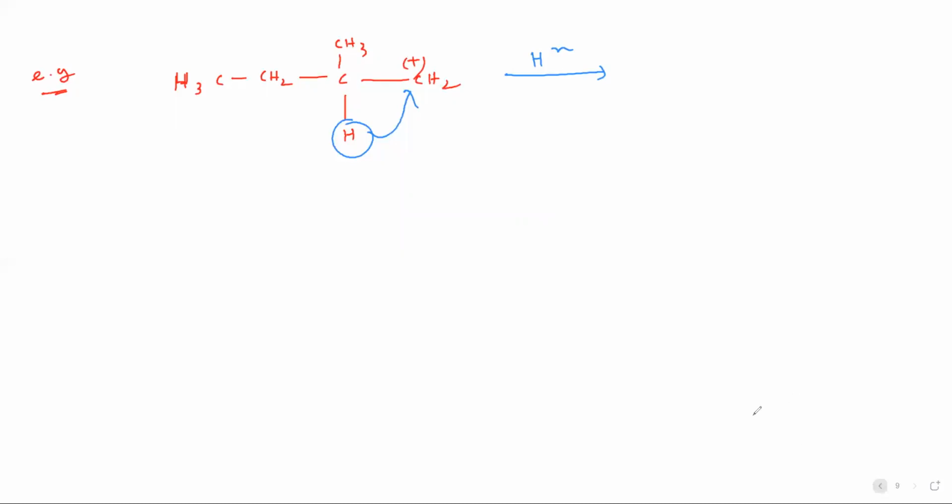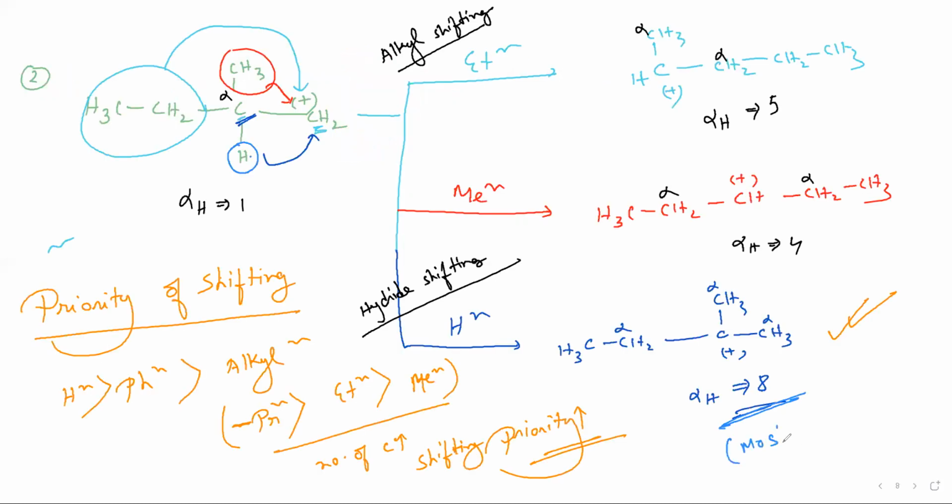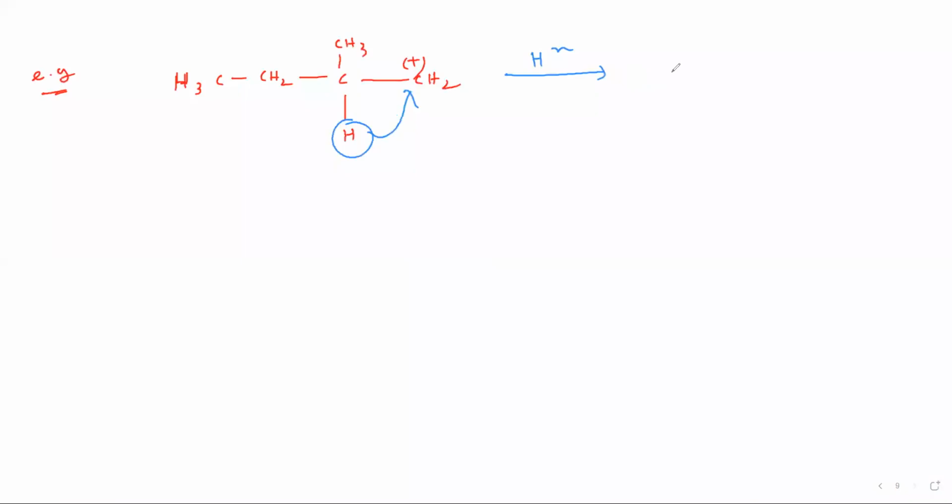In this case, alpha H value is high, that's why this one is the most stable carbocation compared to the others. If hydride is shifted, we write it this way with the positive charge. Alpha H value, already discussed, is 8.